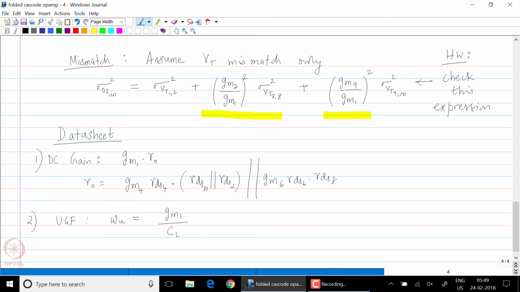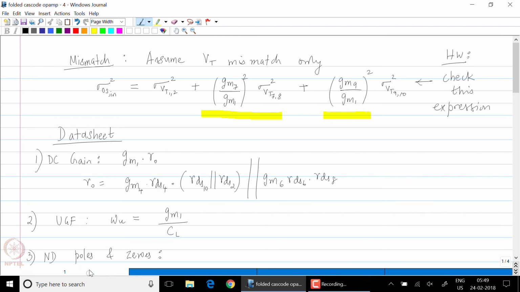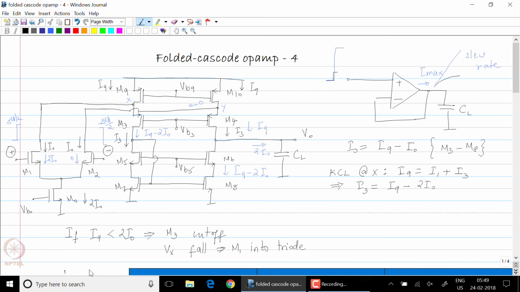And the third expression is the expression for the non-dominant poles and zeros. As we have seen, this op-amp is going to have several non-dominant poles and zeros. For example, if I look at the path the signal takes from M1, that signal goes through node X, this node, this node, this node, and this node.